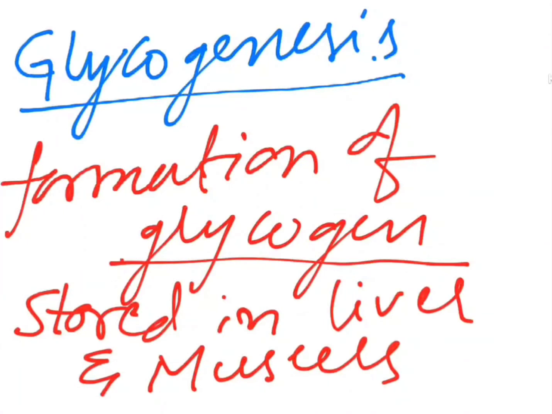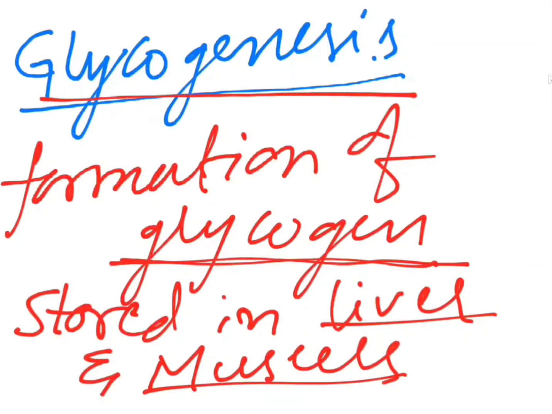This process happens when there is a high amount of glucose in the blood. That glucose will be converted into glycogen and stored in the liver and muscles. That process is called glycogenesis, and this hormone, glucagon, will reduce this glycogenesis.